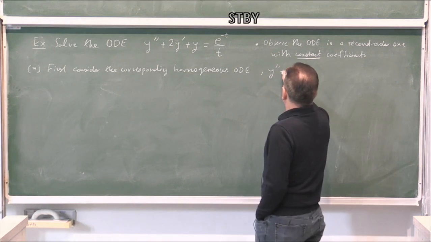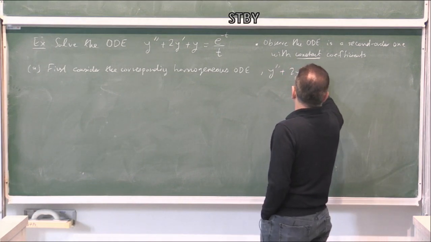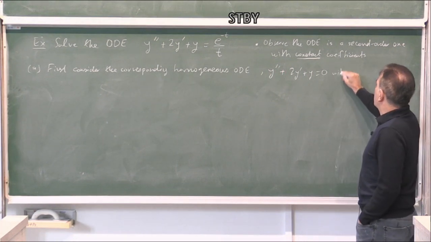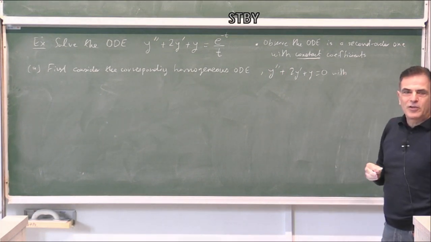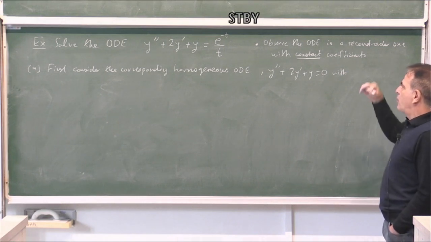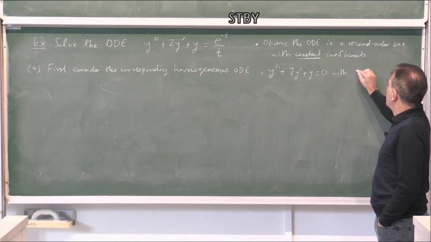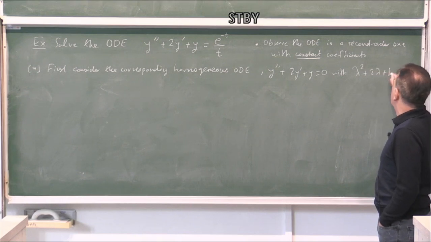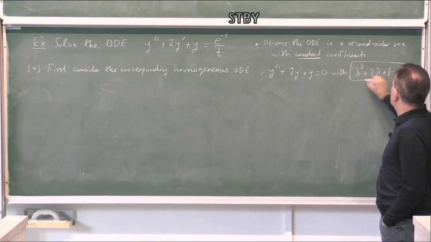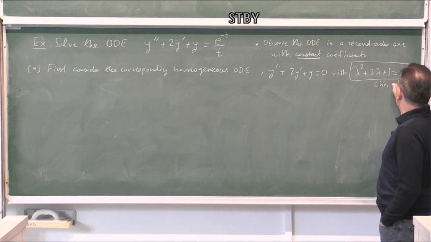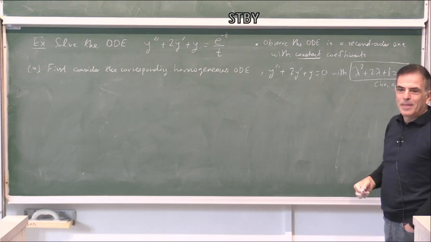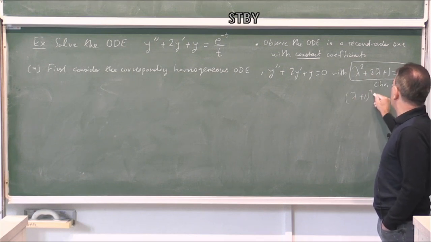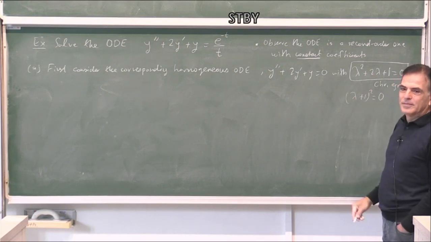Which is an equation with constant coefficients, so no problem. Let's write the characteristic equation immediately. Can you see that lambda squared plus 2 lambda plus 1 is the characteristic equation? Okay? So this is nothing but (lambda plus 1) squared equal to 0.